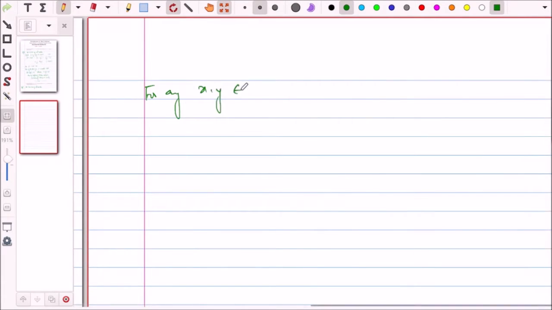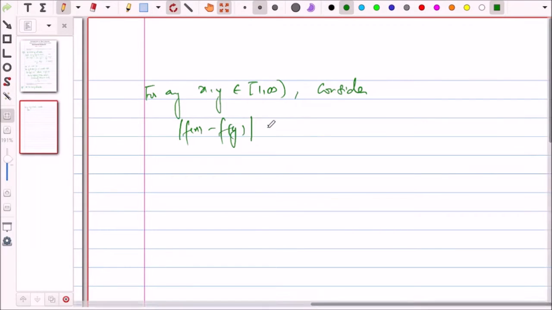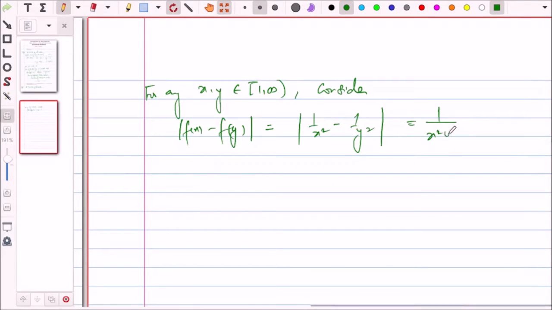Now for any x, y belonging to [1, ∞), consider the difference f(x) - f(y). This is equal to 1/x² - 1/y². On simplification, because both x² and y² are positive, we can remove the modulus sign.